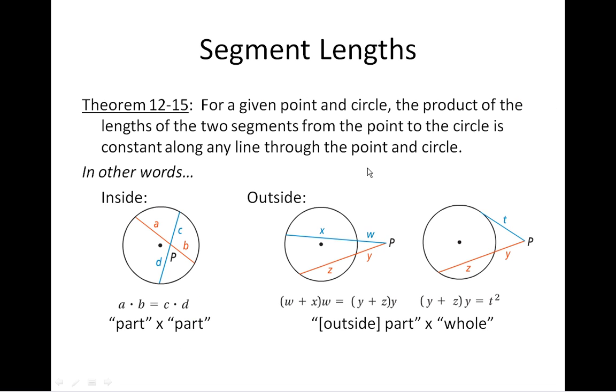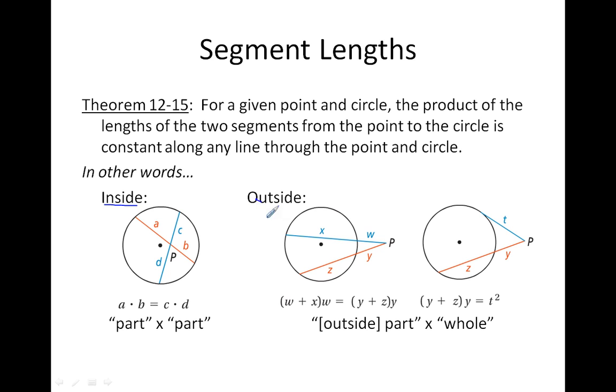Now when we look at segment lengths, inside and outside is going to make a difference here as well. If we have two segments that intersect inside the circle, then A times B is going to be C times D. So if we think of part segment times part segment, we multiply the two parts together, set those equal.